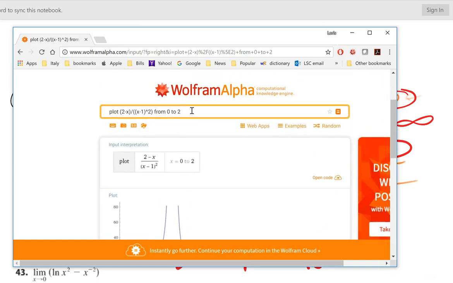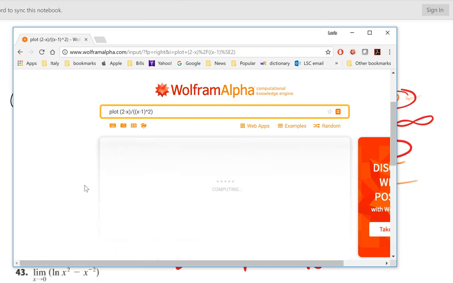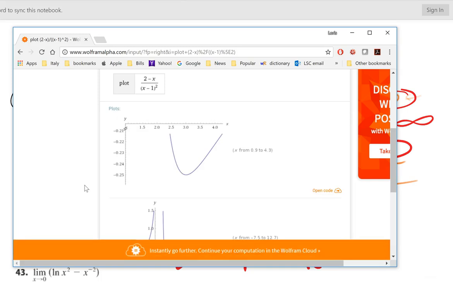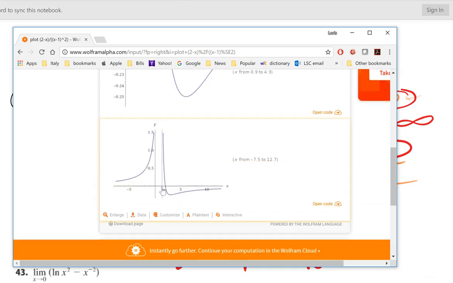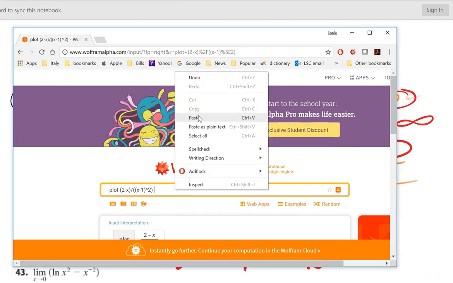If you're not careful and you take out the from 0 to 2 piece, then when you graph it, it's not going to be as user friendly. You don't know what it is here. It could be anything. So just use that feature.